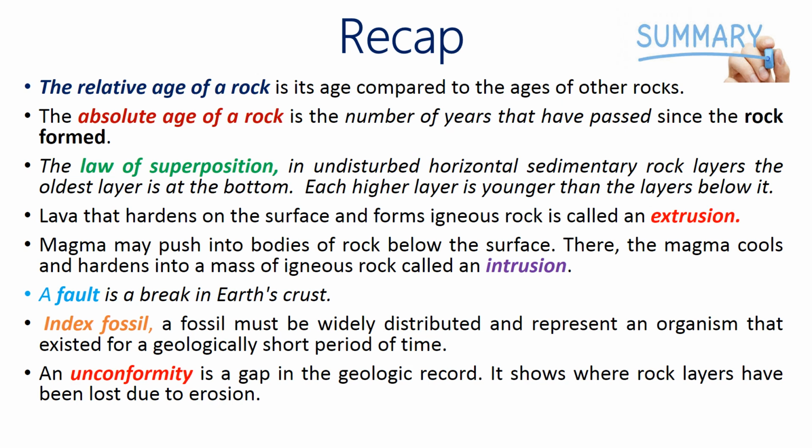The absolute age of a rock is the number of years that have passed since the rock formed. The law of superposition: in undisturbed horizontal sedimentary rock layers, the oldest layer is at the bottom. Each higher layer is younger than the layer below it.